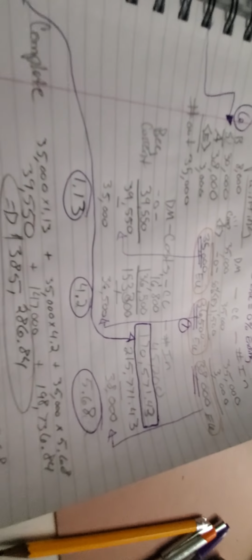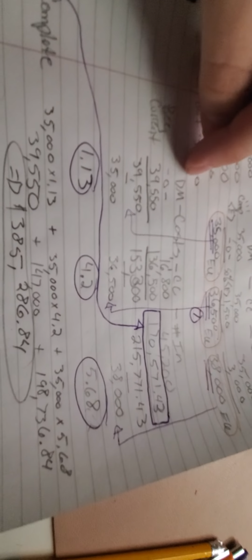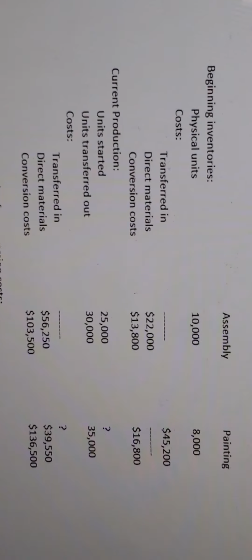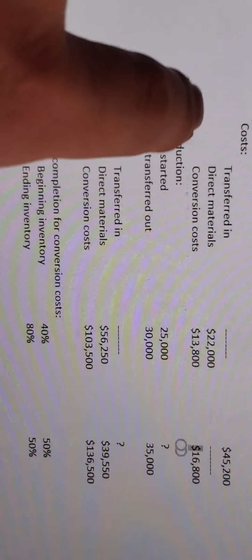So once you get that done, you go down to the direct material cost and the conversion and transferred in. They give you the transferred in, the 45,200, right in there because it's transferred in.